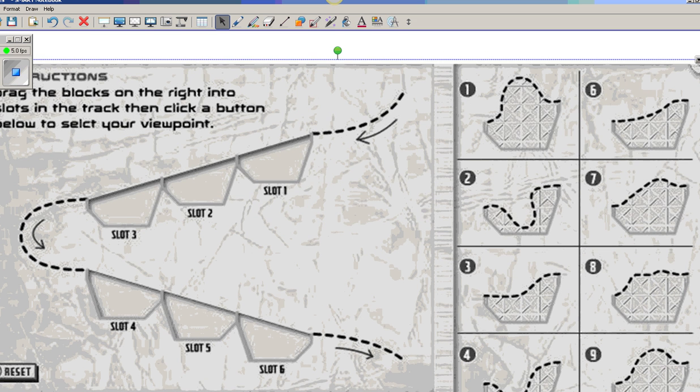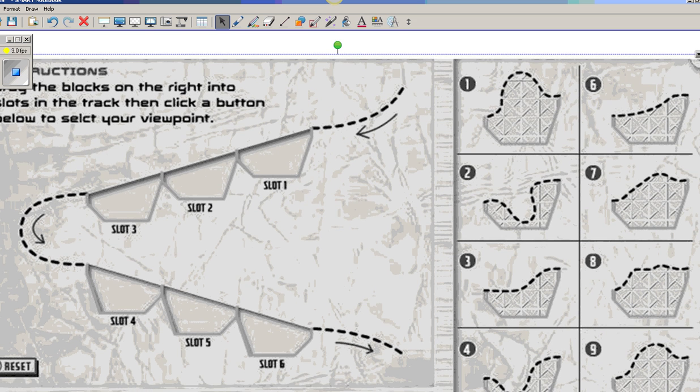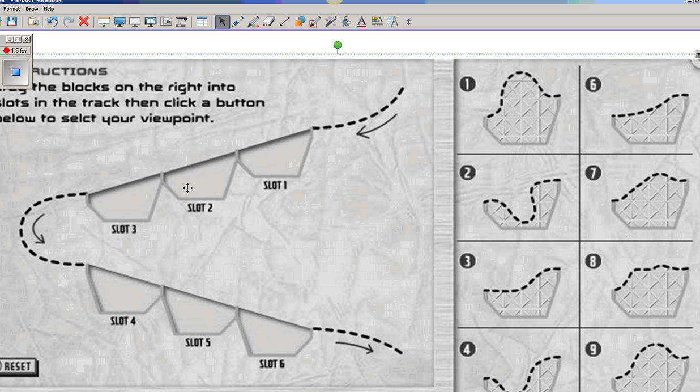So this handout shows you a generic roller coaster track that has different slots for the different parts that are over here to the right of your paper. So you are going to base your design off of this template that's over here to the left part of your paper and filling those in with the different pieces to that puzzle that are over on the right side of your paper.